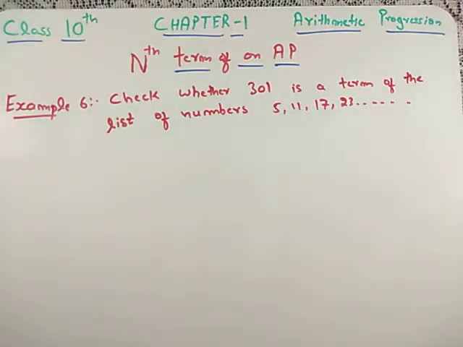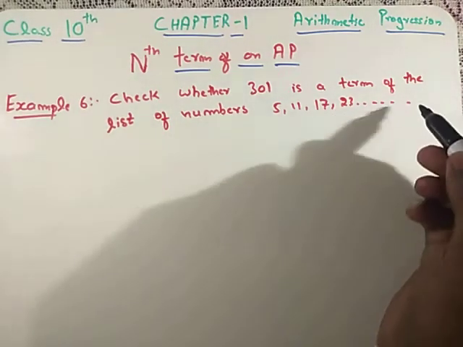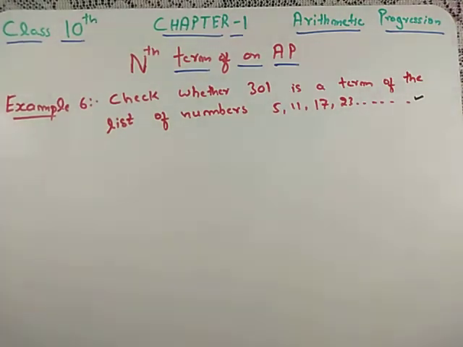Here they have mentioned this sequence is a list of numbers. They have not mentioned whether this list of numbers is an arithmetic progression, AP, or not. So, first we have to find whether these numbers are in AP. For that we have to find the common difference d.